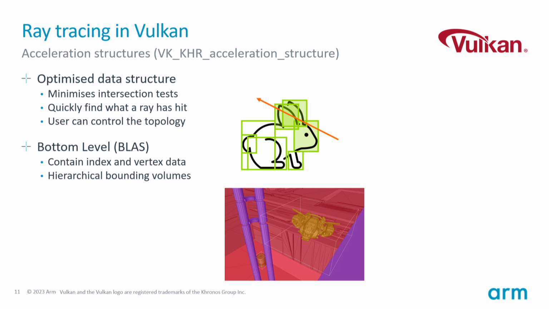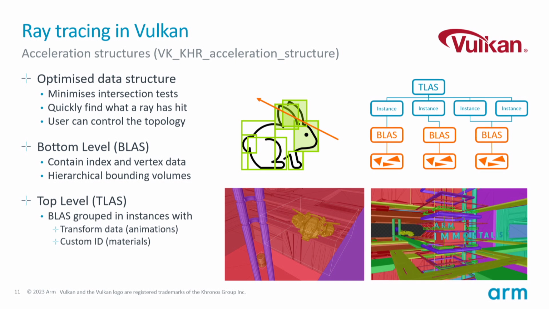The top-level acceleration structure then uses instances to group the bottom-level structures with other properties, such as transform matrices, which can be efficiently updated for animations, and a custom ID, which we can use to define a material.